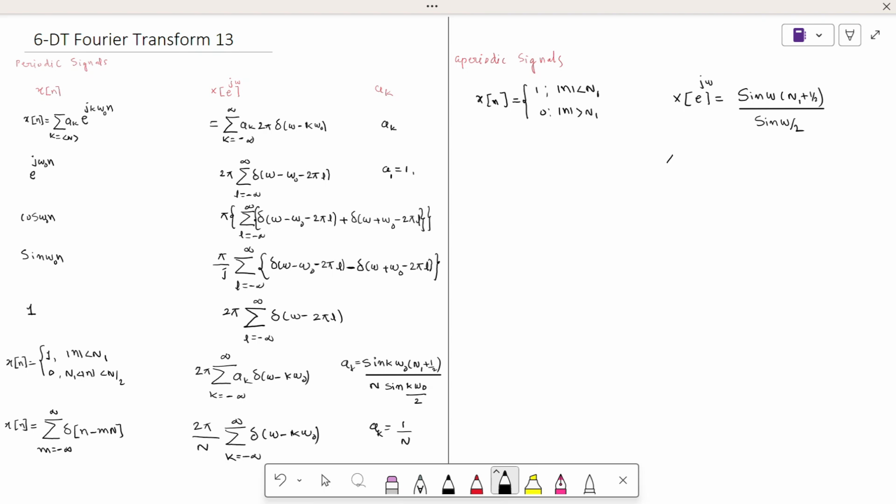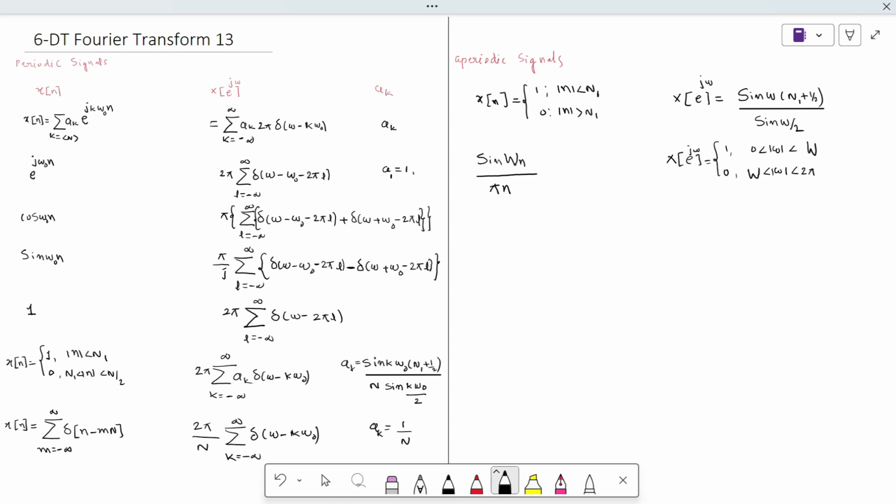Same here, X of e power j omega is 1 for mod omega less than W, then 0 for W less than mod omega up to pi, periodic with 2 pi. So the signal is sine Wn by pi n.